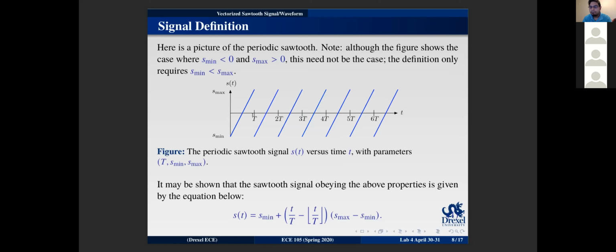Yes or no? Sorry, could you explain that again? Sure. Let's forget about all these things. Suppose you have just one sawtooth with the period capital T. Small t gives you the time elapsed since you started moving away from the minimum signal value. Let me zoom in.